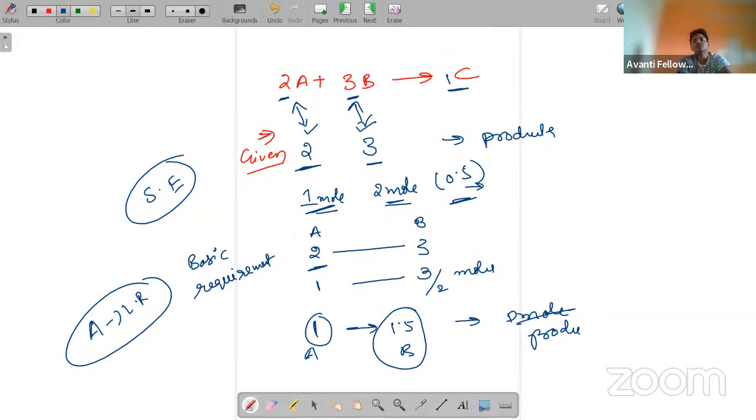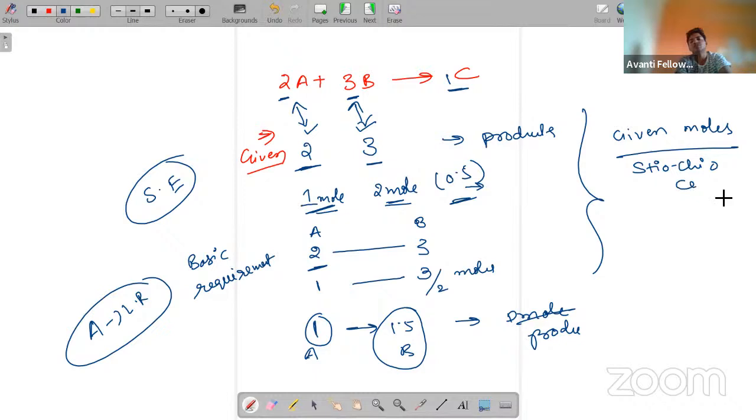Okay, another method is also there. Just take the given moles divided by the stoichiometric coefficient. If you write them, then you can easily get the limiting reagent. So that is 1 by 2, and that is 2 by 3.